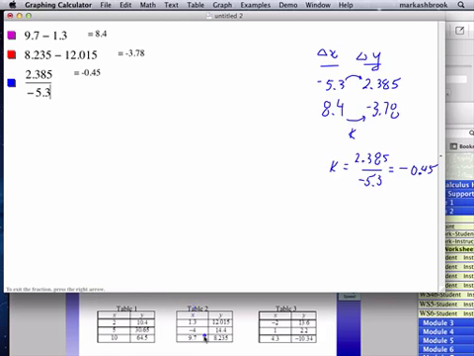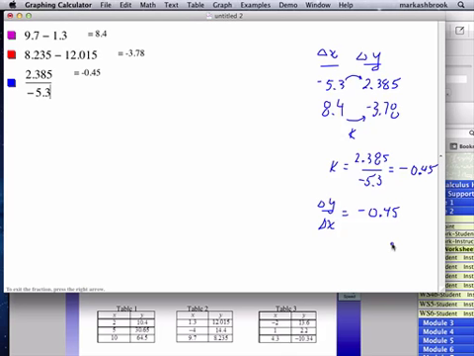We could test from negative 4 to 9.7, and then 14.4 to 8.235, and we should get the same. Okay, so what are we saying? We're saying that delta y over delta x is always this value, negative 0.45. So what do we have?